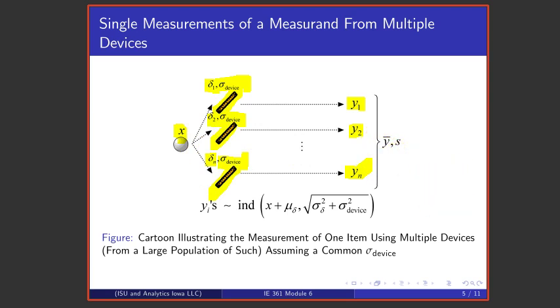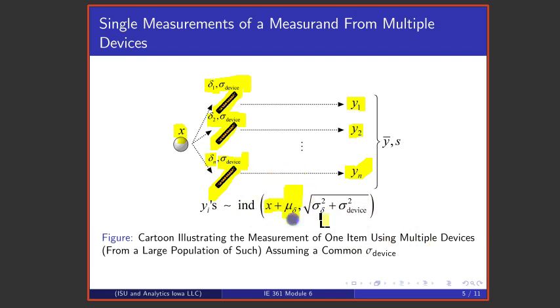In this kind of a setup, in this kind of a context, the individual measurements might be described or modeled as independent, with mean value, that is the measurand, plus now an average bias.